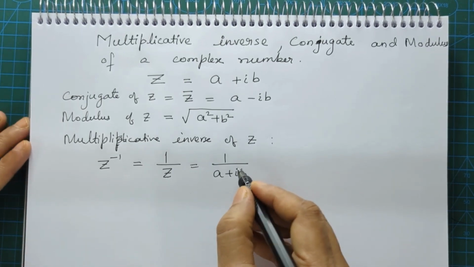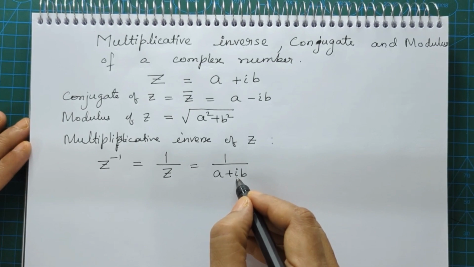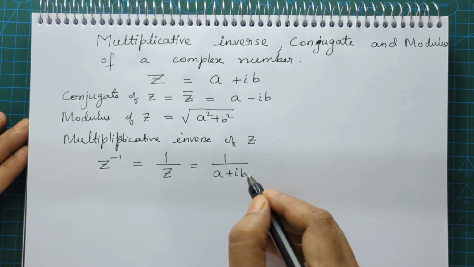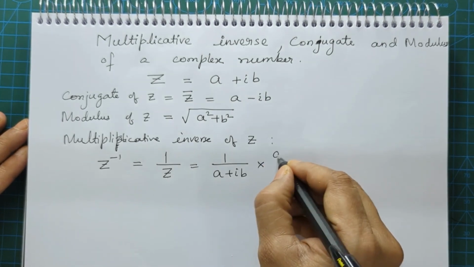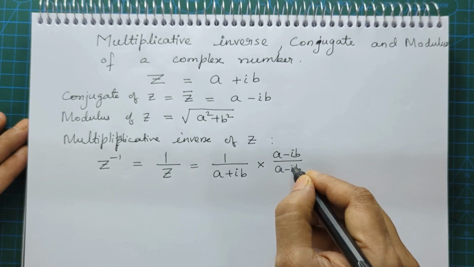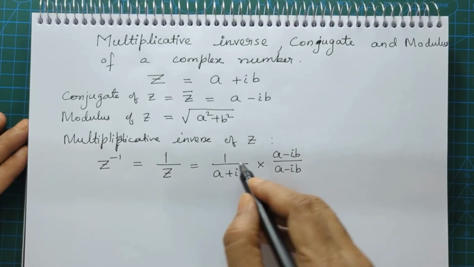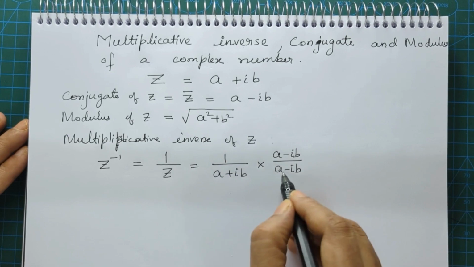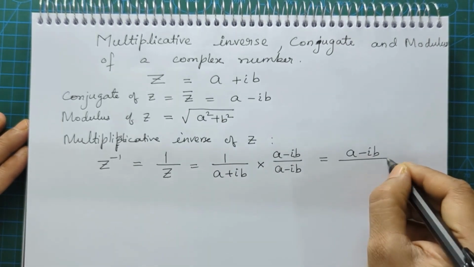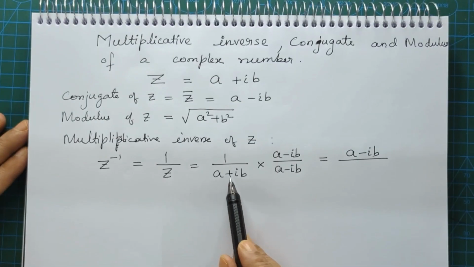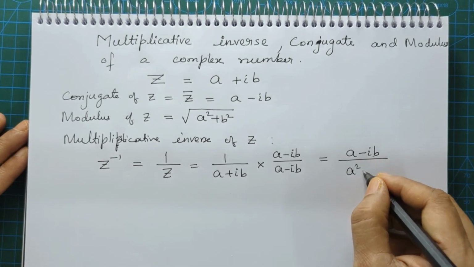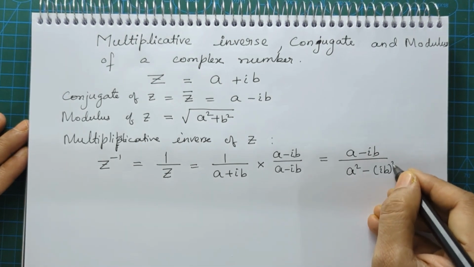Whenever we have an imaginary number in the denominator, we multiply the numerator and denominator by the conjugate of the denominator. So we multiply by a minus ib, which is its conjugate. Multiplying the numerators and the denominators, the numerator is a minus ib and the denominator is of the form a plus b times a minus b, which happens to be a squared minus b squared.